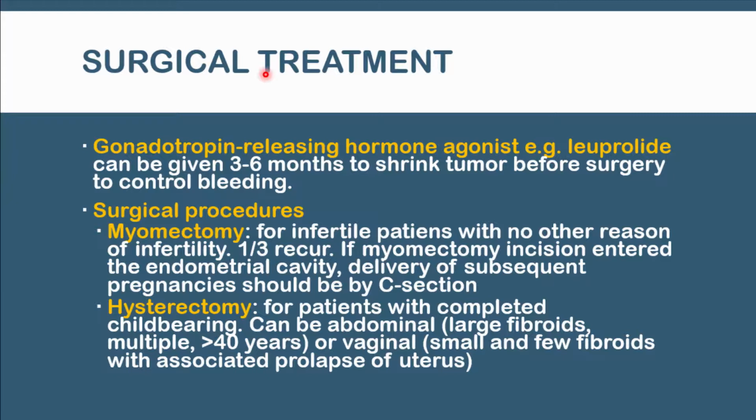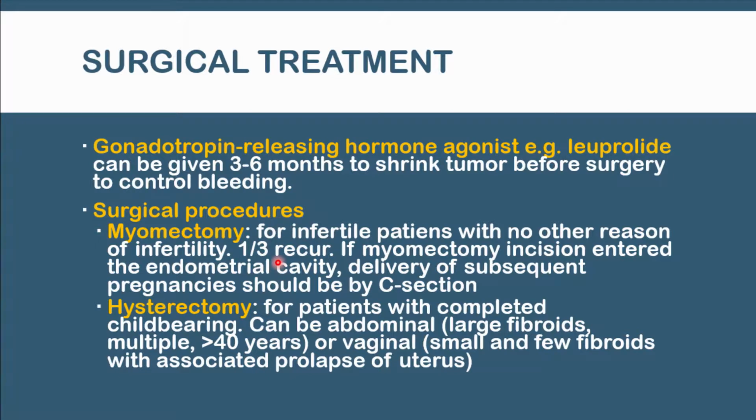Then the surgical procedures that we can do are pretty much either a myomectomy or a hysterectomy. And remember, these depend on whether the woman wants to have children again or she does not want to have children. So if the woman has infertility and this infertility is not attributed to any other cause but possibly the fibroids, of course get the fibroids removed.